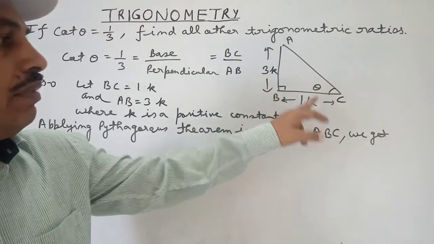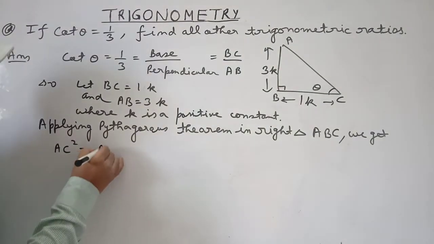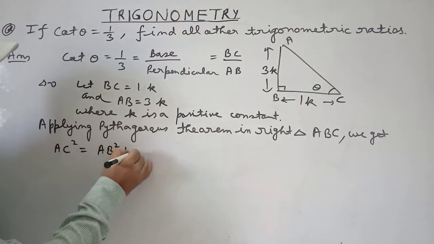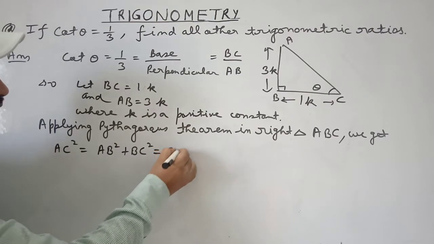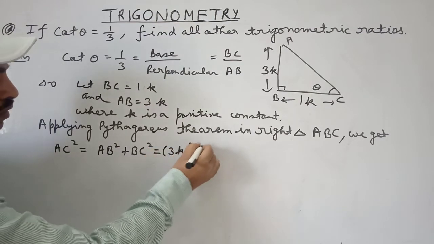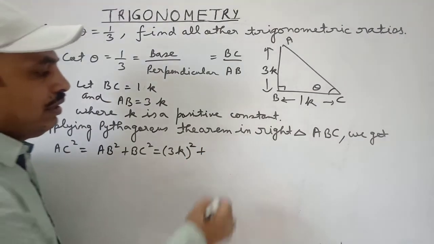AC square equal to AB square plus BC square. What is AB? AB is 3K. What is BC? BC is 1K.